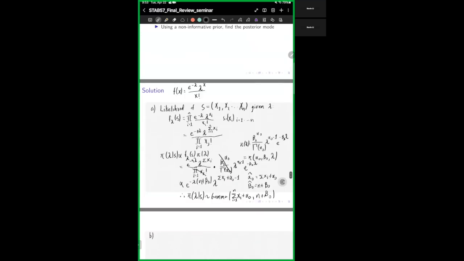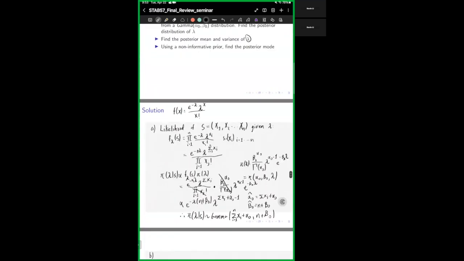Okay, so second question. Find the posterior mean and variance of lambda. So first, we take the first and second moments of the gamma distribution. We can take the first moment, so mu is equal to alpha over beta, and then we take the second central moment, which is sigma squared, equal to alpha over beta squared.